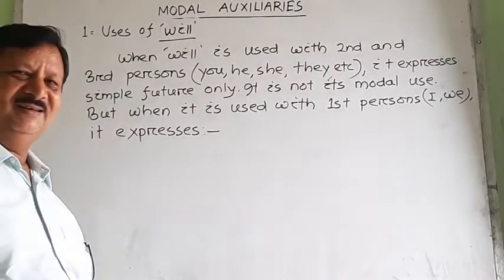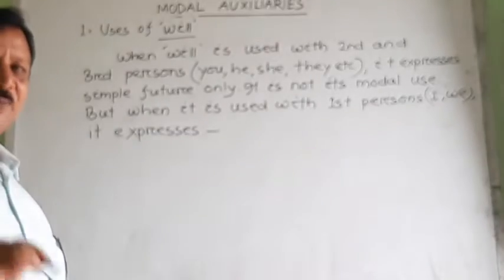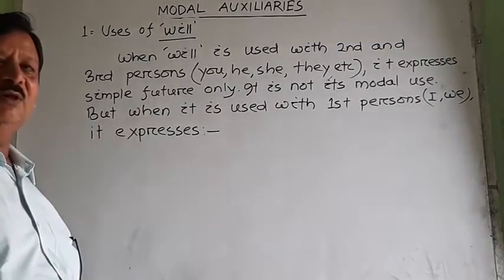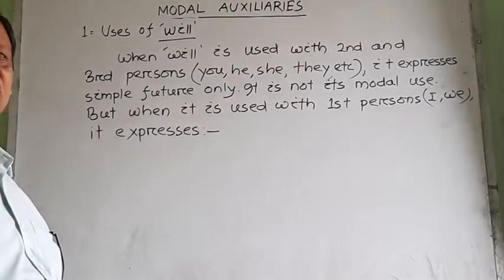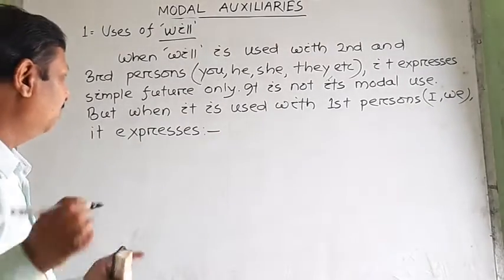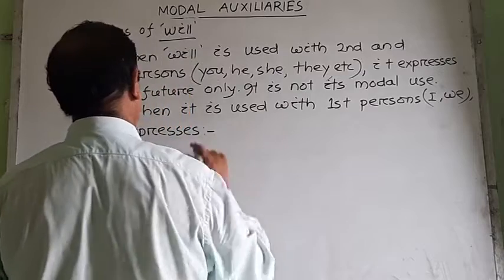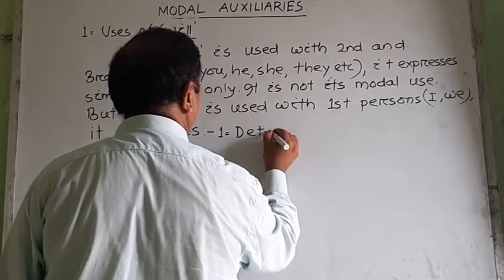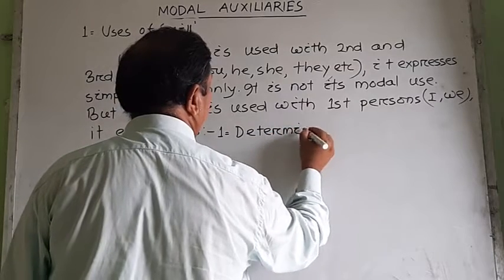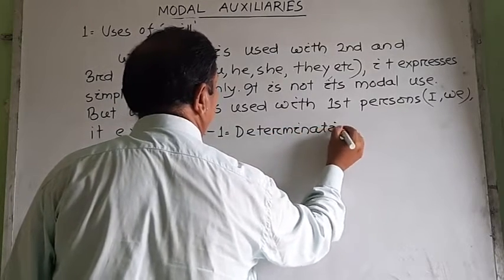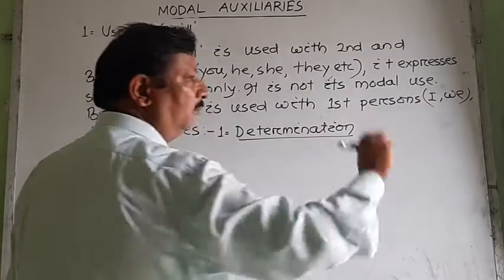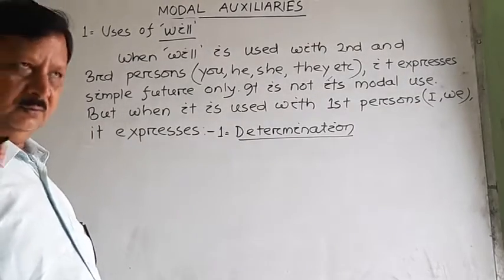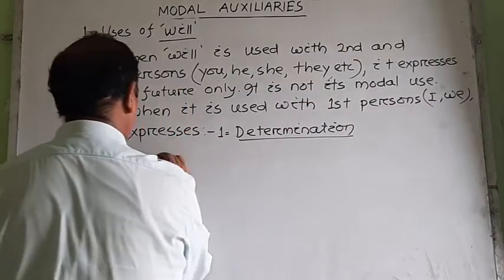Just the opposite. When shall is used with second and third person, it changes its mood to express something. Exactly when will is used with first persons, at that time it changes its mood and it is its modal use. So very simple. How is it? Suppose it expresses number one, determination.